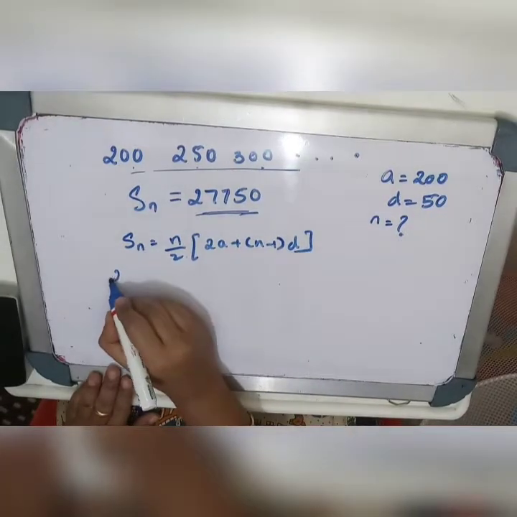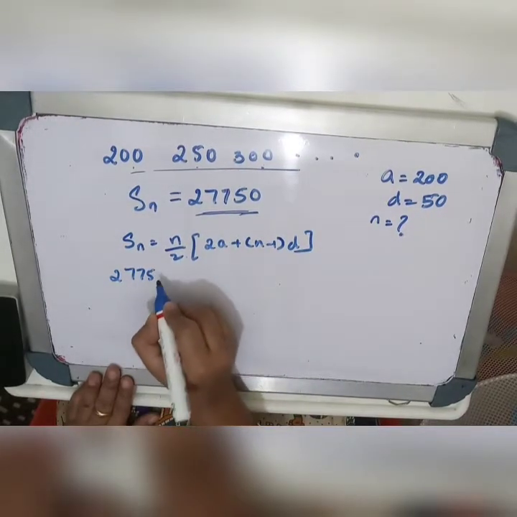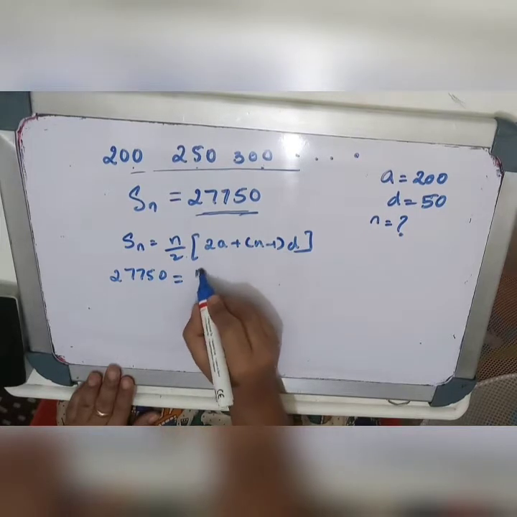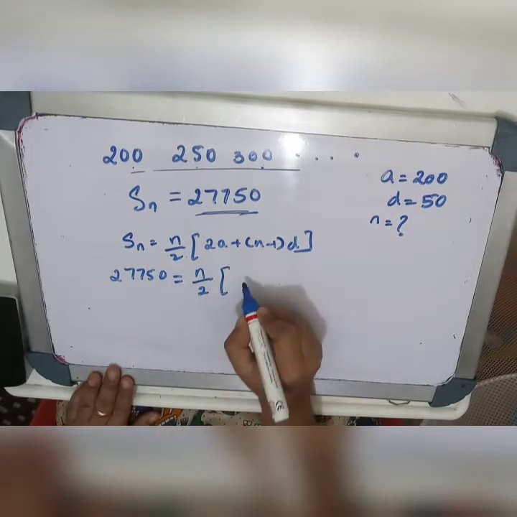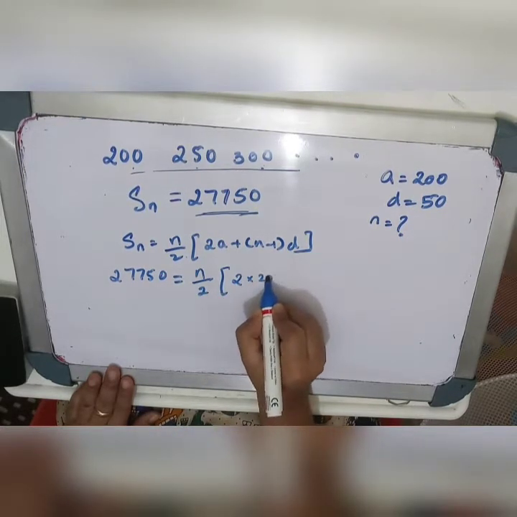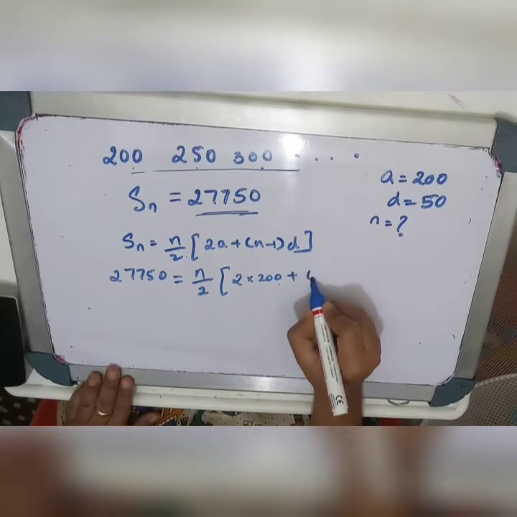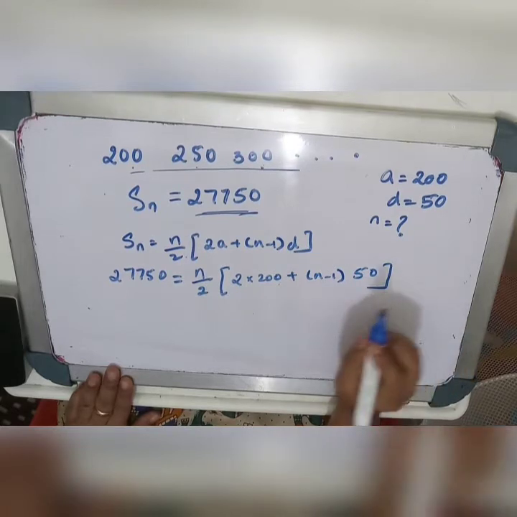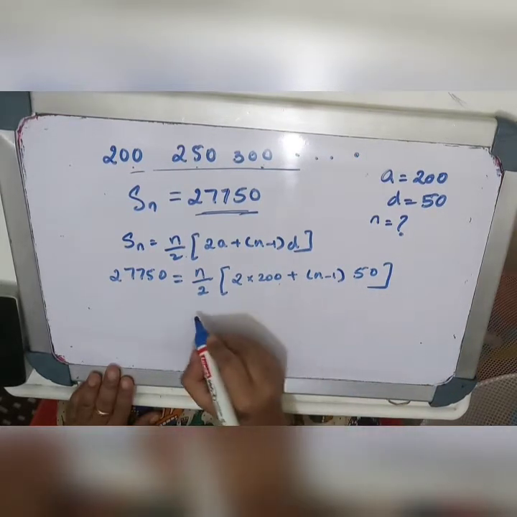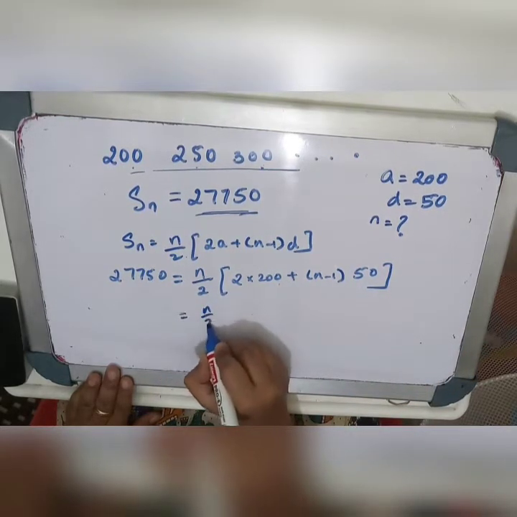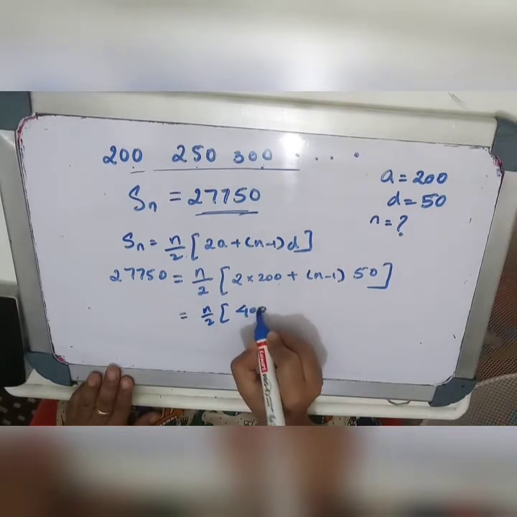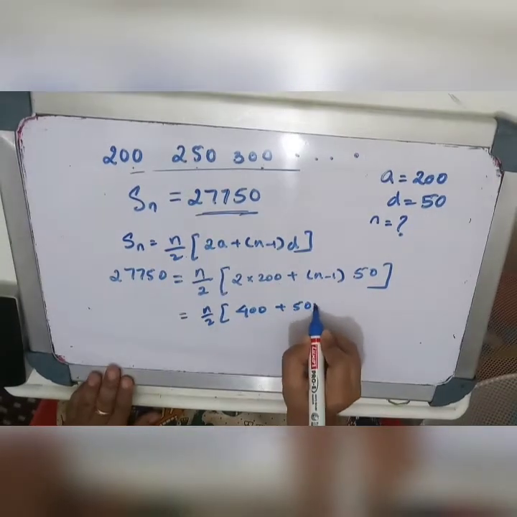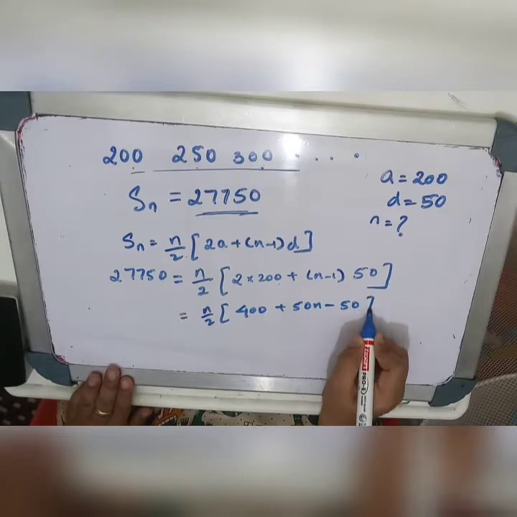Let's substitute the value. 27750 is equal to n by 2 into, we know the value of a, so substituting, 400 plus n minus 1 into 50. n by 2 into 400 plus 50n minus 50.